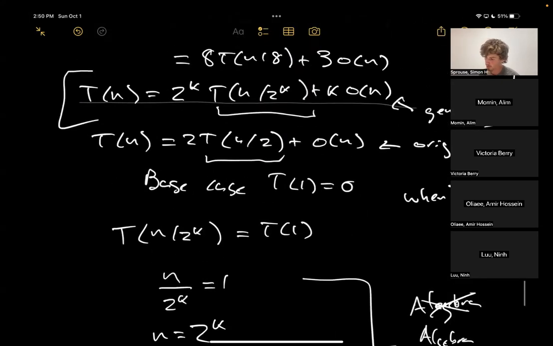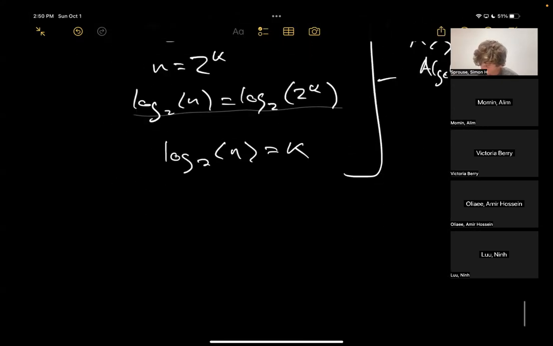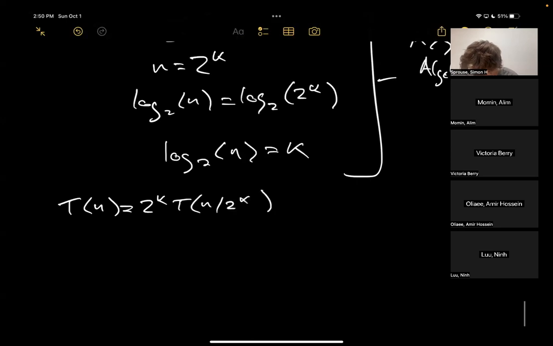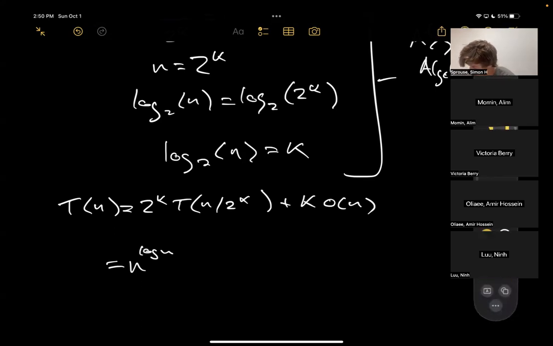And then now let's plug that back into our formula that we had before. So our formula was T of n is equal to 2 to the k, T of n over 2 to the k, plus k times O of n. So if you plug that in, we get 2 to the log n. Oops, my bad, y'all. Let's see. 2 to the log n times T of n.